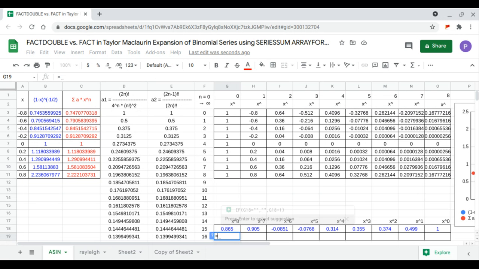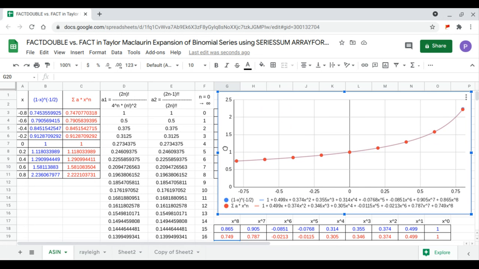Next, the expansion. LINEST, data y, and data x. This is a good approximation up to here, but the error grows bigger as the degree goes higher.